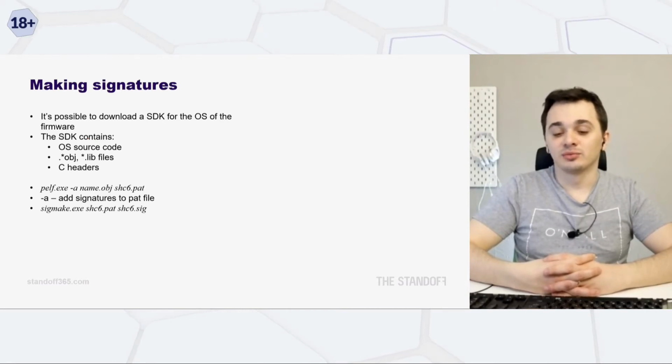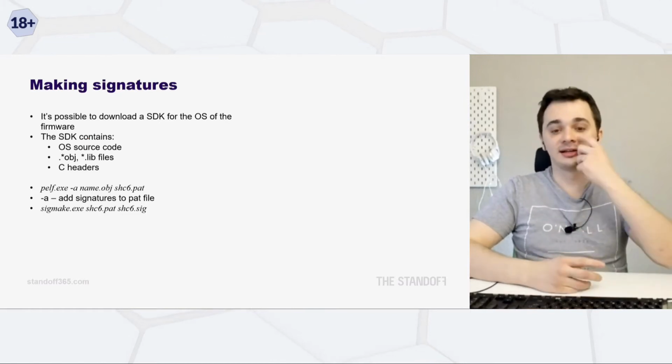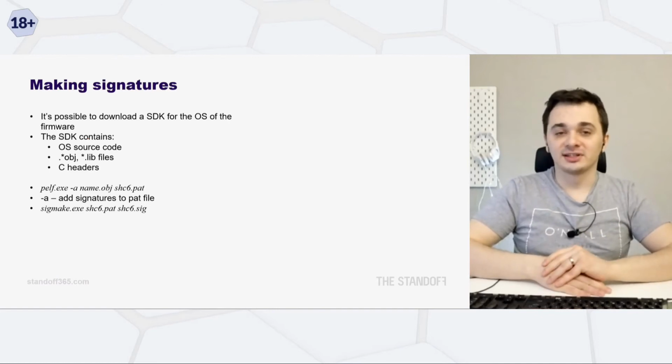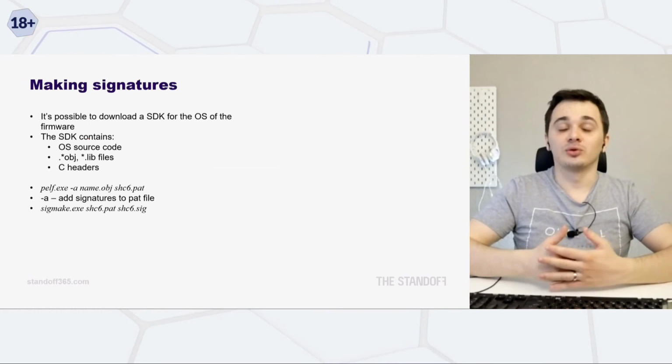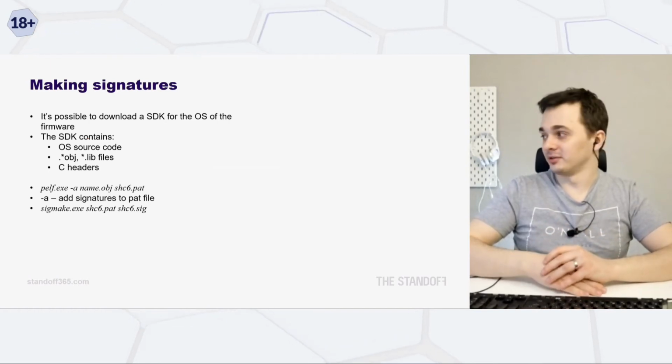After we've created a pattern file using the PELF tool, we'll need to take care of collisions inside the file, if any. Collisions may arise because signatures of some functions may look the same.